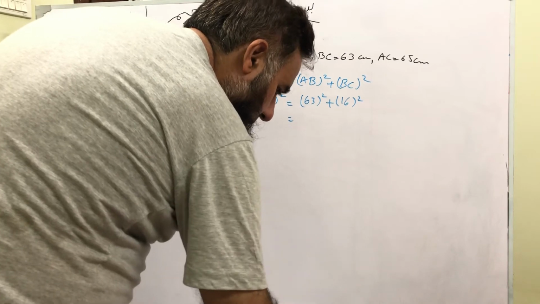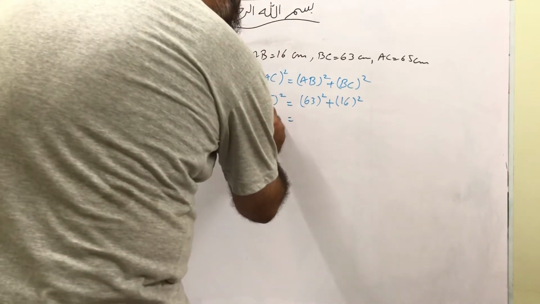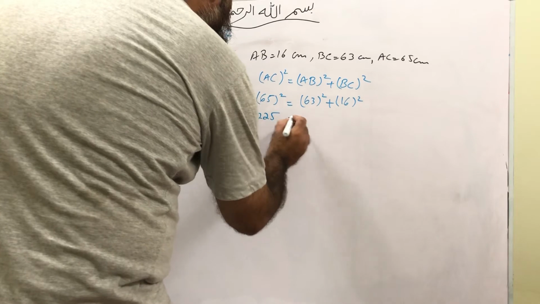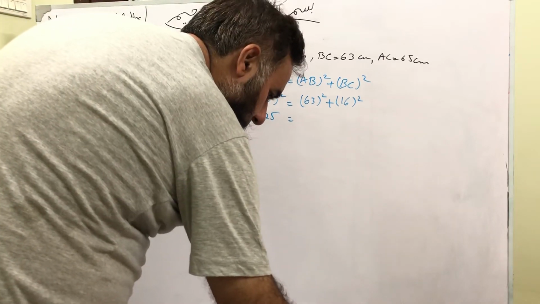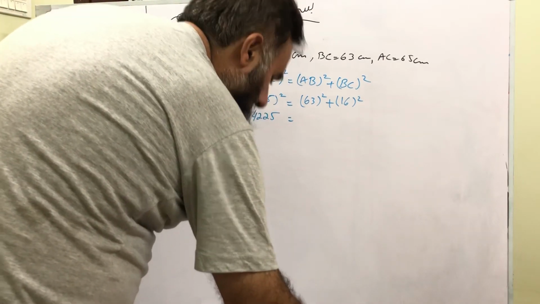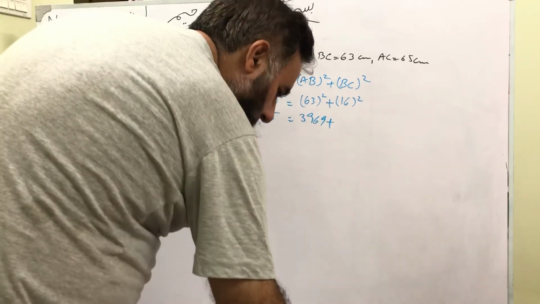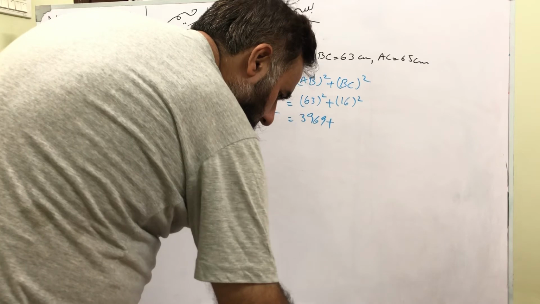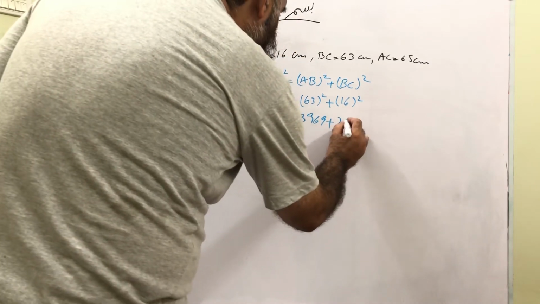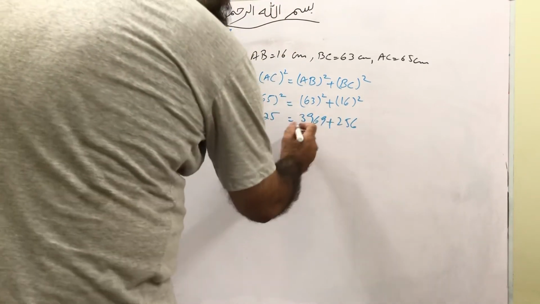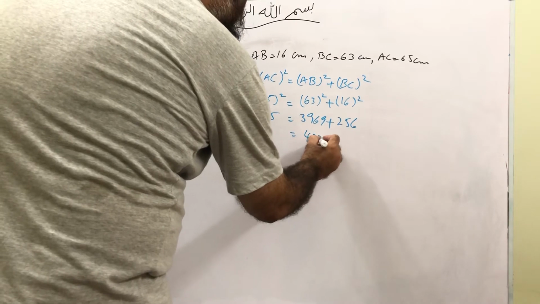65 square is 4225, 63 square is 3969, 16 square is 256. If we add these two, it becomes the same.